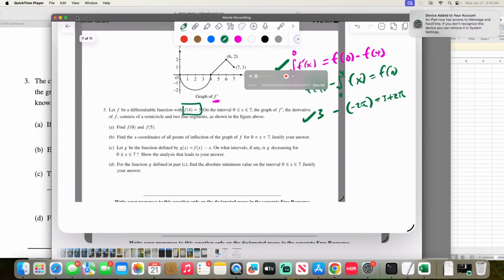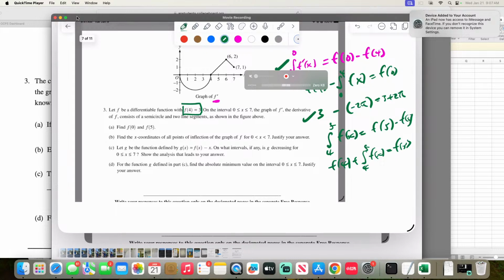Is that okay? And then the integration from 4 to 5 of f of x is equal to f of 5 minus f of 4. So that means f of 4 plus the integral from 4 to 5 of f of x is equal to f of 5.